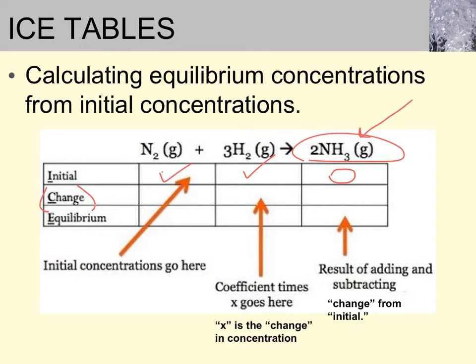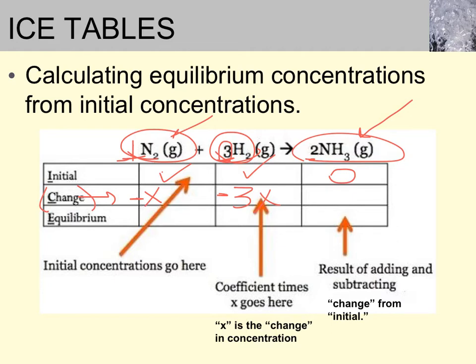And so the relative change depends on the coefficients in the balanced reaction. So if you say that the change in concentration for nitrogen, for example, in this reaction is x, and of course, since it's a reactant, it'll be decreasing, mathematical signs matter here, then the change in concentration of hydrogen for this reaction would be minus 3x, because for every one nitrogen that disappears, 3 hydrogens disappear.